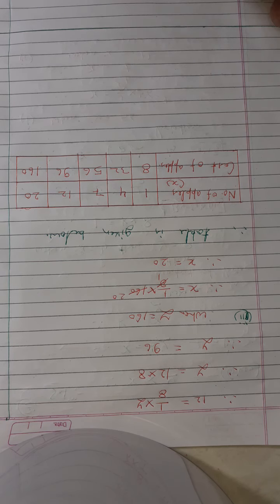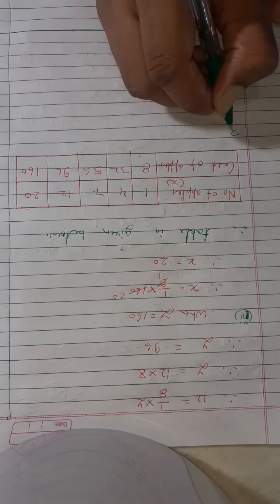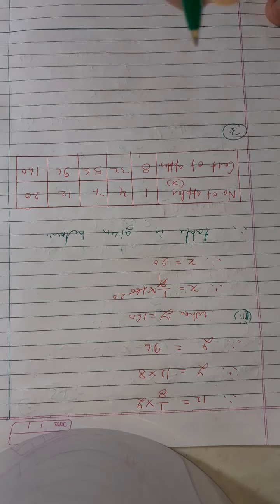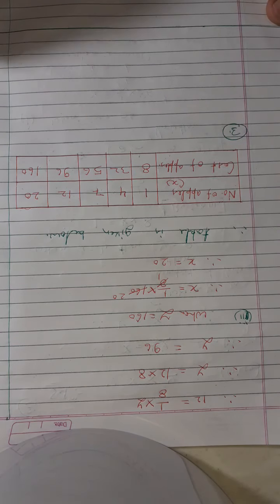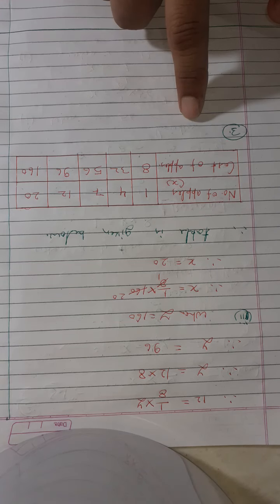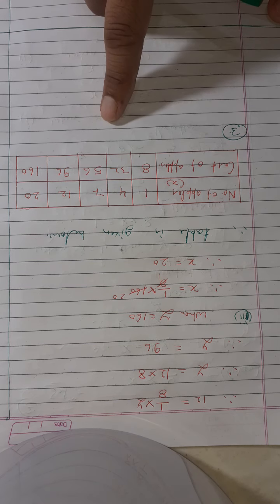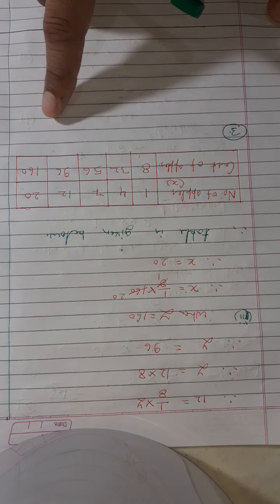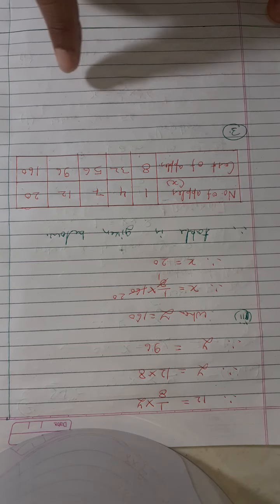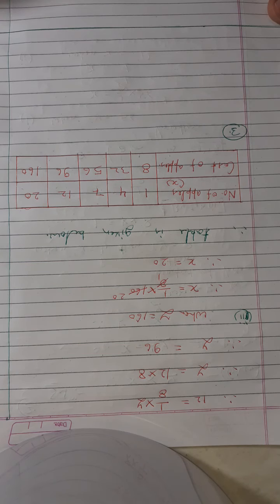Now come to question number third. Question number third is what? If m is proportional to n, and when m is equal to 154, n is equal to 7, then find the value of m when n is equal to 14. Clear?